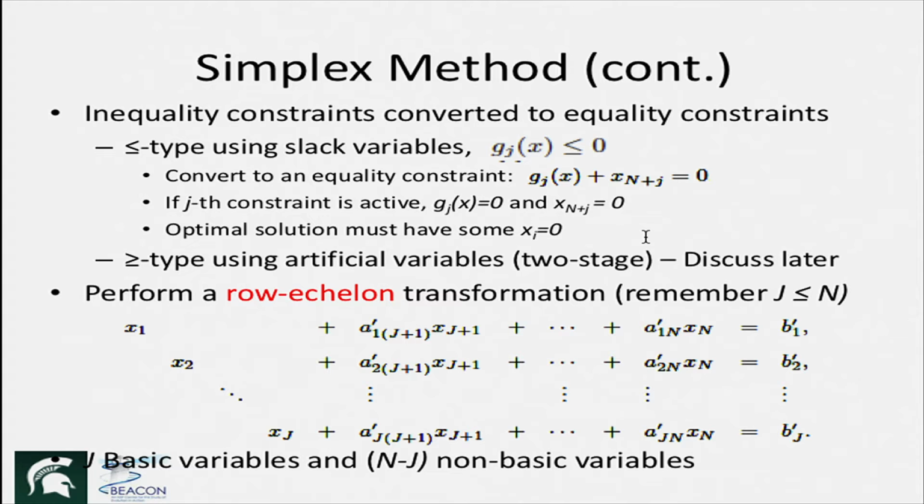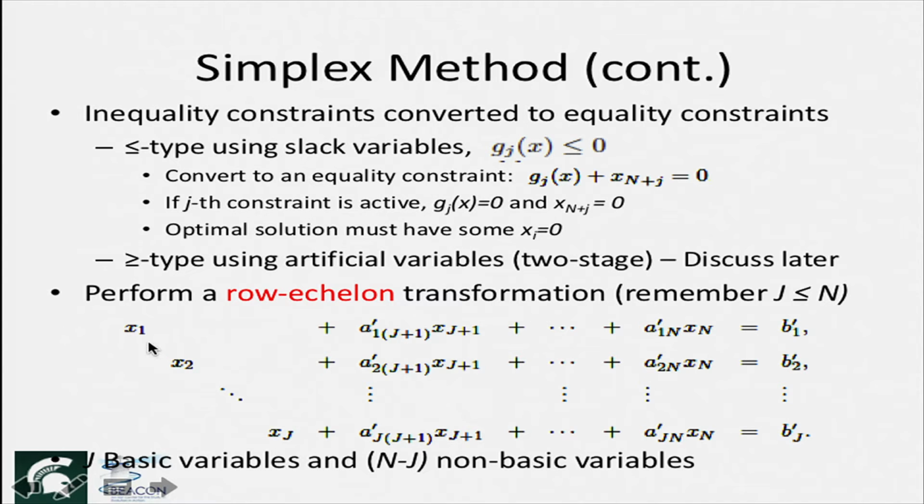Let me explain the definition of a basic variable. A basic variable is a variable, out of all n plus j variables, that has a coefficient of 1 in one of the constraints and does not appear even once in any of the other constraints. Like this, x1 appears only here with a coefficient of 1 and does not appear in any other constraint.